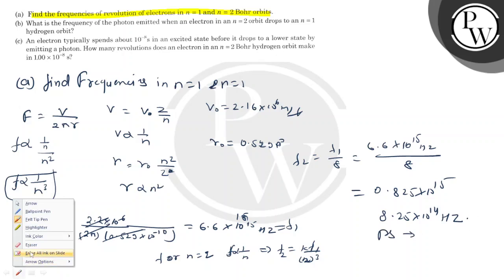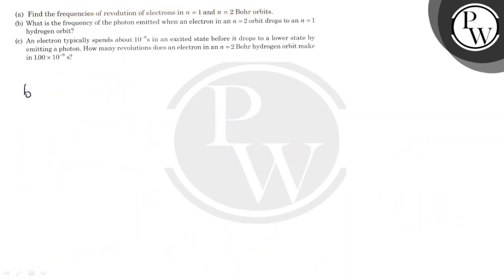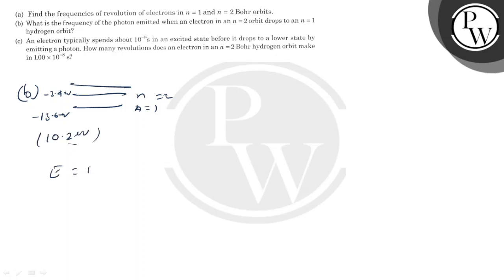Okay, let's talk about the second part, B part. What is the frequency of the photon emitted when the electron drops from n equals 2 orbit to n equals 1 orbit? This is the transition between n equals 2 and n equals 1. Here the energy is minus 3.4 electron volt, and in the ground state it is minus 13.6 electron volt. The difference of energy is 10.2 electron volt. We know that E equals h nu.